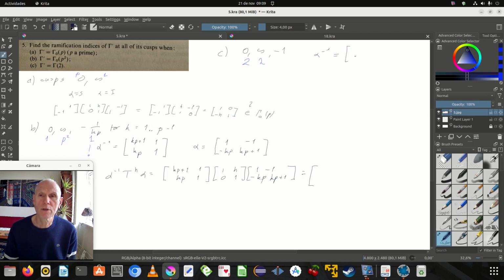Mapping minus 1 to infinity, that's like 1, 1. Minus 1 times 1 gives minus 1 plus 1 vanishes. Just choose this guy. And that means alpha equals 1, 1, minus 1, naught.